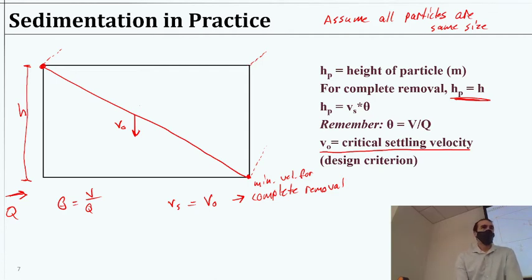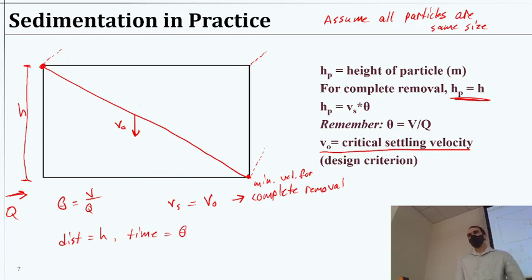All right, so then from physics, we can take a look and say, okay, well, for the particle to travel the distance h, we have some time, and our time is going to be theta.